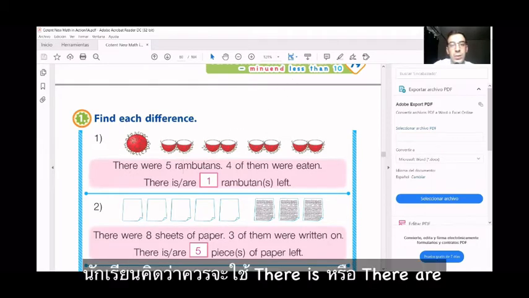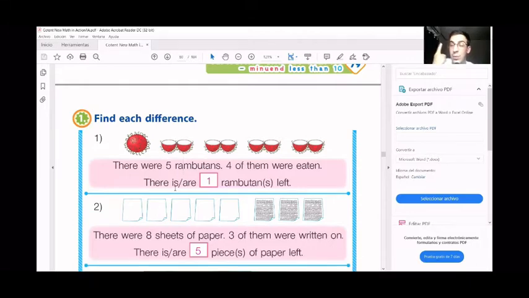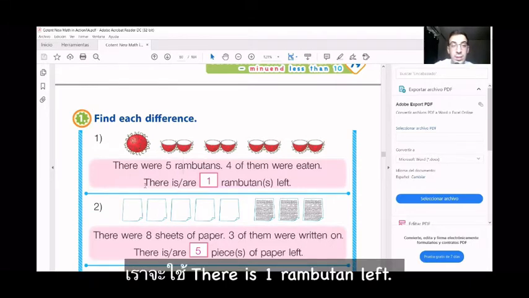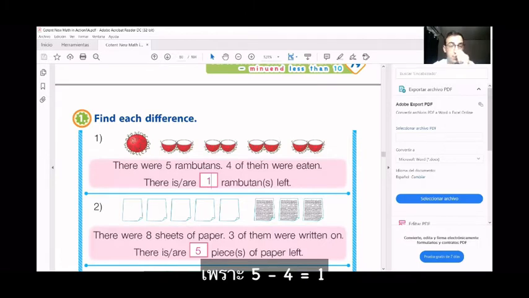So what do you think you need to use? There is or there are? There is 1 rambutan left. So we use there is, not there are, okay? Because 5 minus 4 equals 1. Okay, let's continue.